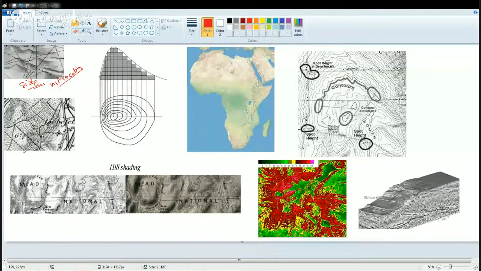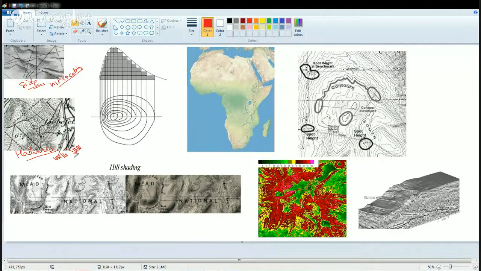So the next method is known as hachures. In hachures, you draw parallel lines, and based on the width of the line and the length of the line, you can determine the level of slope. These lines are drawn in the direction of the slope. So if the direction of the slope is here, the lines would be drawn in this way.